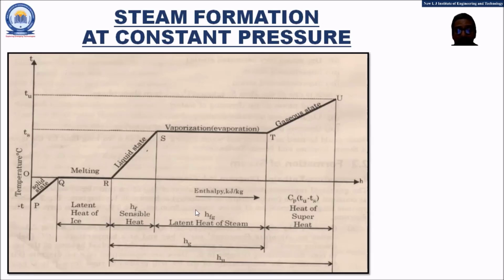So friends, now in the process QR, the 0 degrees Celsius ice will be melting and we will be getting the water at 0 degrees Celsius. So this heat which is responsible for the phase change from solid to the liquid state at constant temperature 0 degrees Celsius, that is known as the latent heat of ice. Now friends, we are at point R. We have attained water at 0 degrees Celsius.